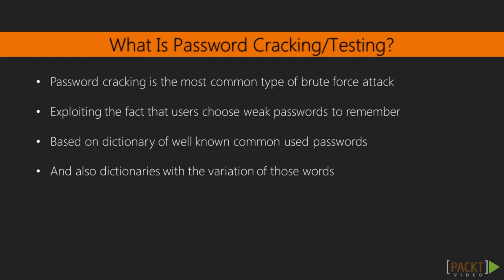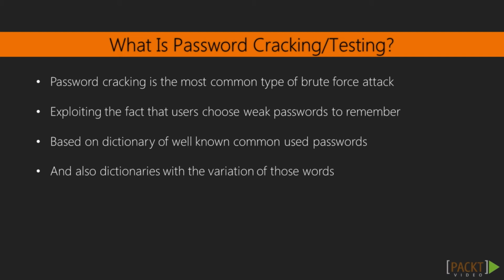Password cracking is the most common type of brute force attack against web applications. It is an attack against the login credentials, and it exploits the fact that passwords are usually weak, due to the fact that users need to remember them, and they need an easy-to-remember word. Password cracking is usually done with a dictionary of known words, or more exactly, with the list of well-known and widely used passwords.